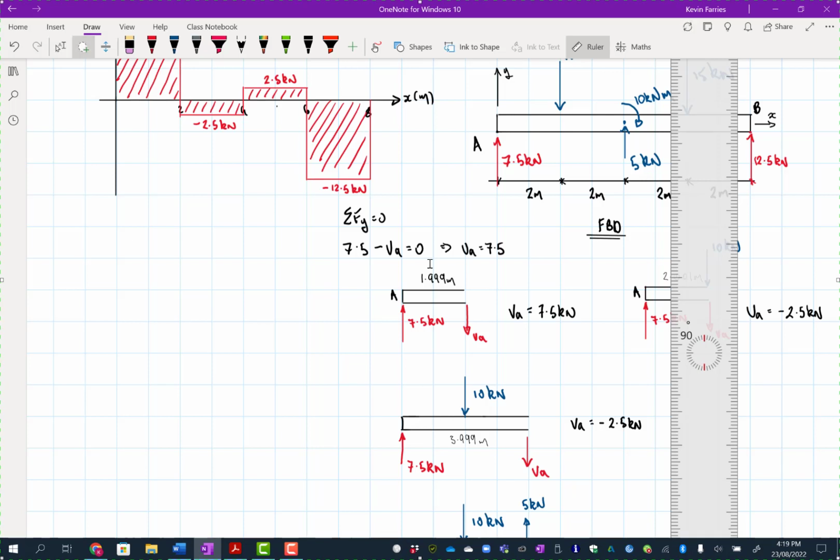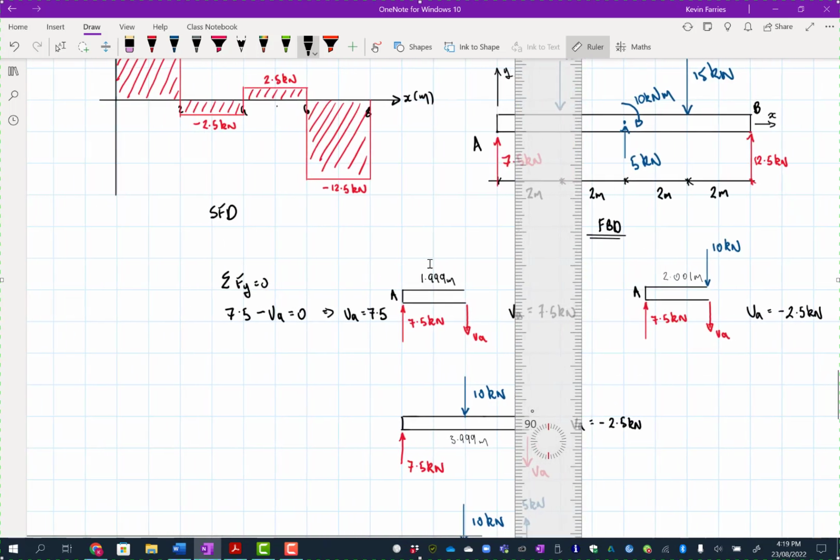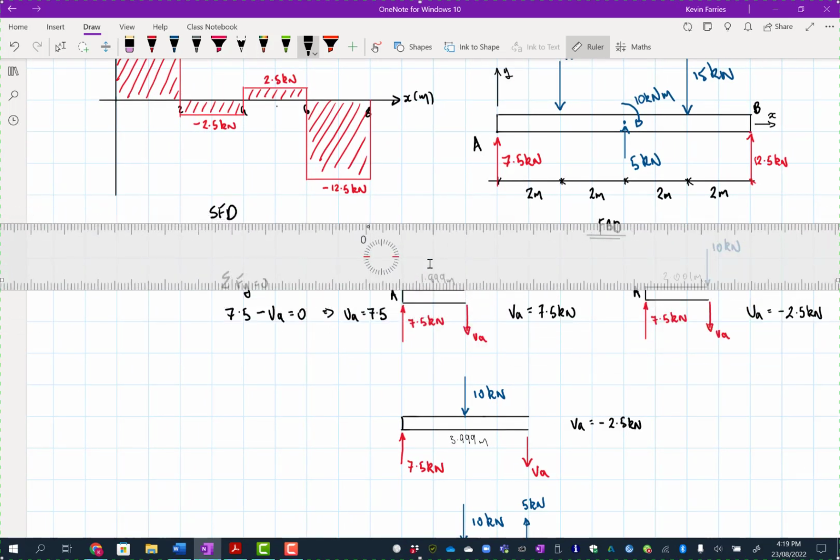Let me just move this down here, just to let people know what that is. So this is the shear force diagram. Now I've got one more thing to think about for shear force diagrams, and then we'll have a look at bending moment diagrams.